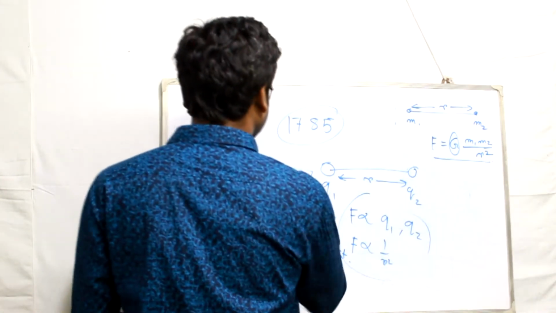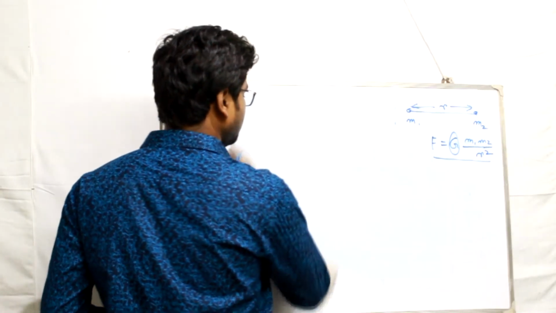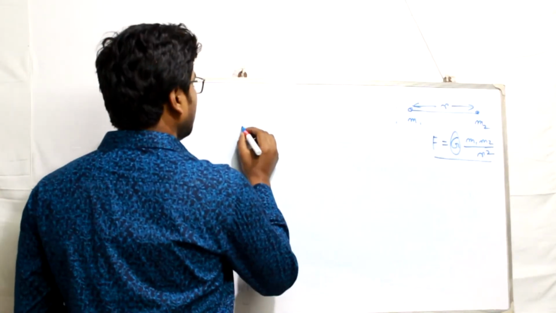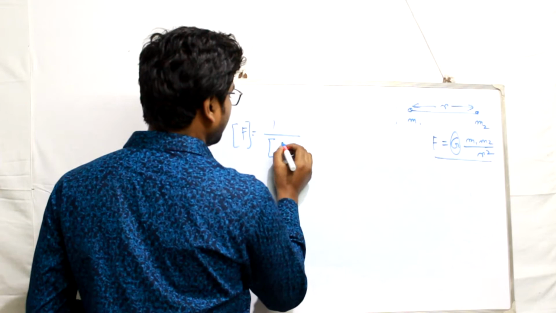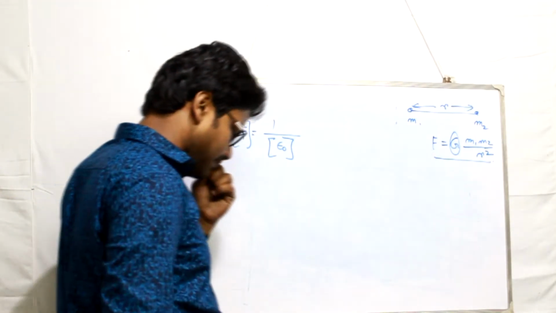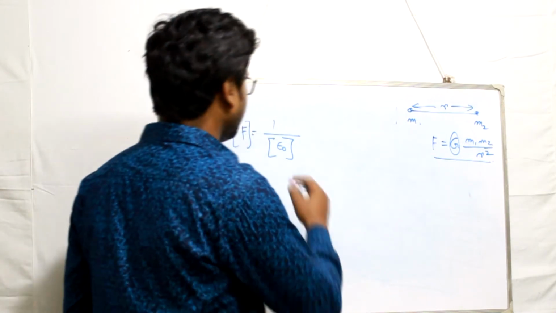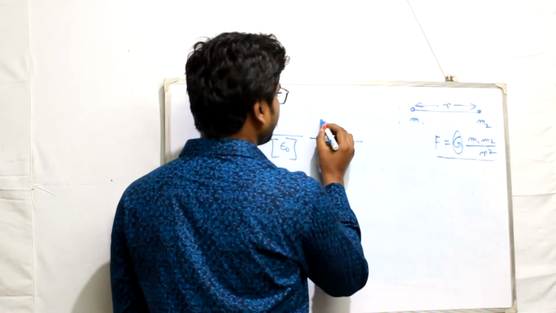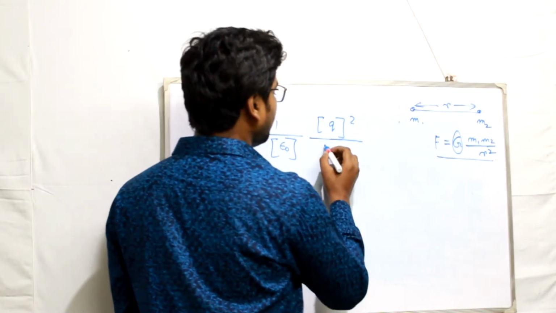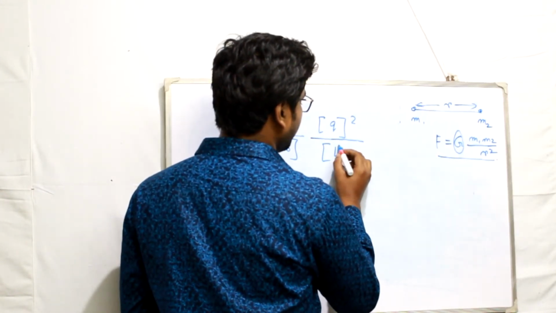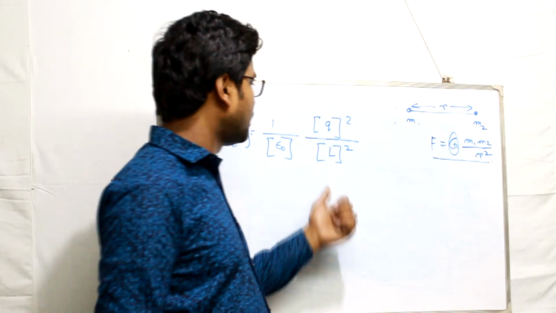In order to find the dimension, we take the dimension of F and the dimension of epsilon. 4 and pi are dimensionless quantities, so I'm not considering them. Here it is simply the dimension of q square by the dimension of length square, where r is the distance and L represents the dimension.